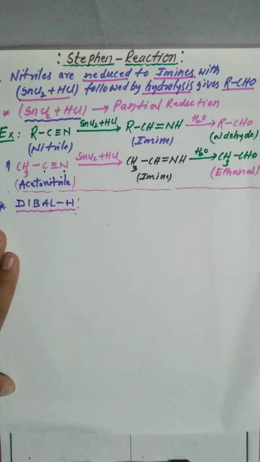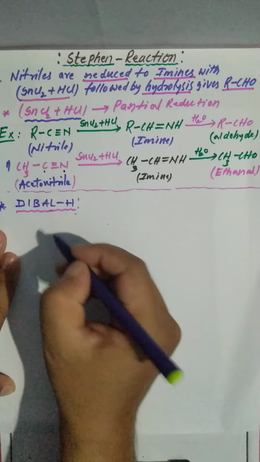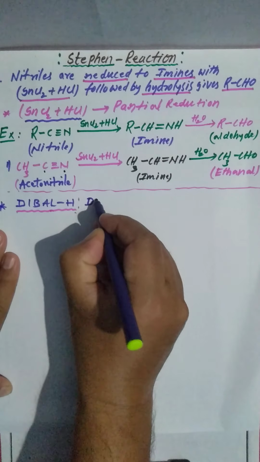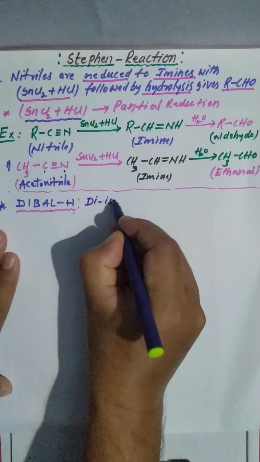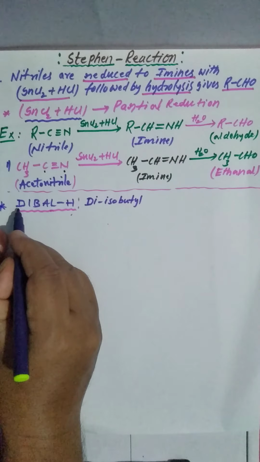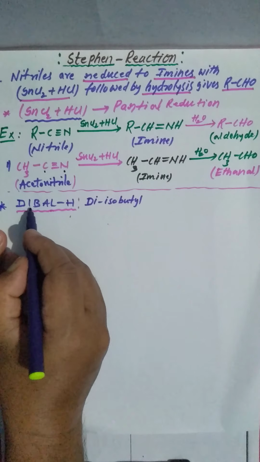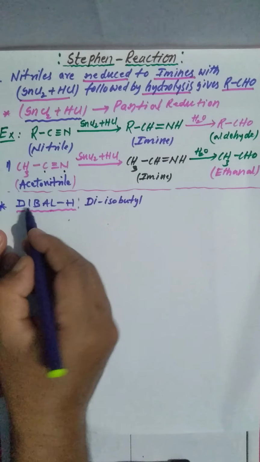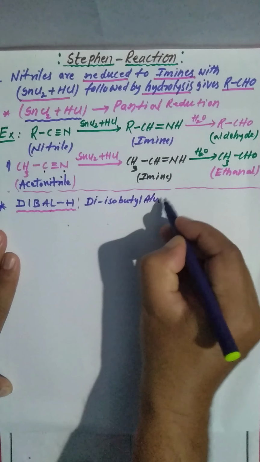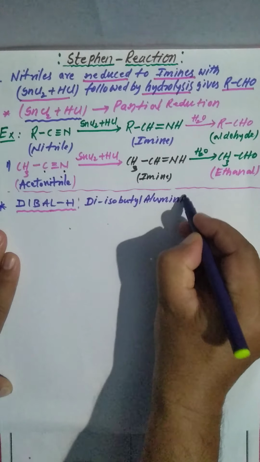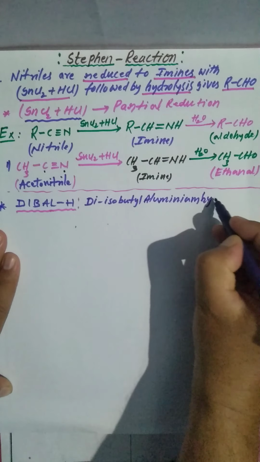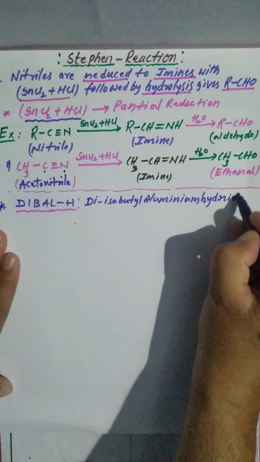What is meant by DIBAL-H? D means di, I B means isobutyl, Al means aluminium, H means hydride.